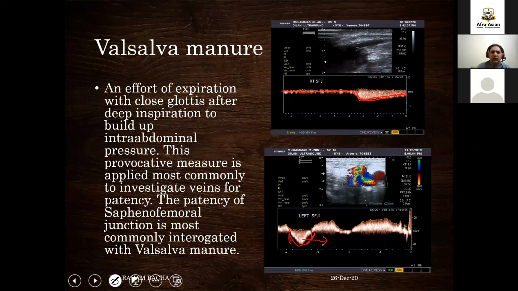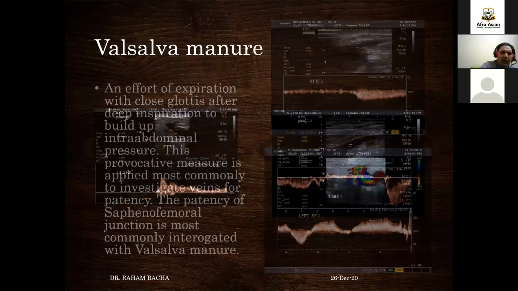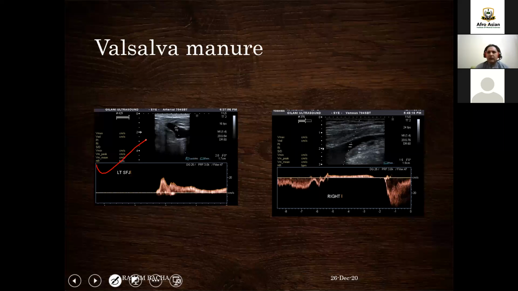Here again, in the other example, you can see this is normal. Valsalva maneuver with inspiration and a forceful effort of expiration. During that effort, intra-abdominal pressure increases, the IVC collapses, and the return of blood flow is ceased. Due to that cessation, you can see there is no blood flow at all.